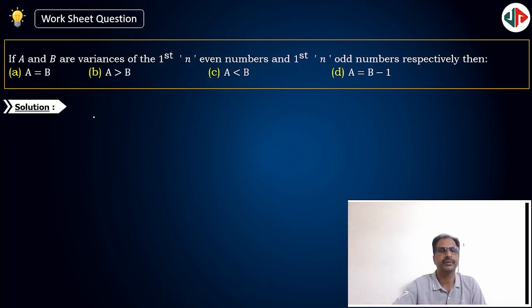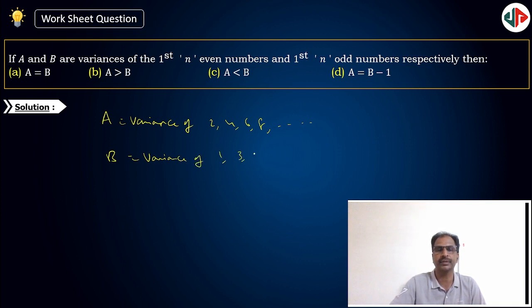If A and B are variances of first n even natural numbers and first n odd natural numbers, A is variance of first n even natural numbers, meaning 2, 4, 6, 8 and so on. B is variance of first n odd natural numbers, meaning 1, 3, 5 and so on. Now what is the relation between A and B?